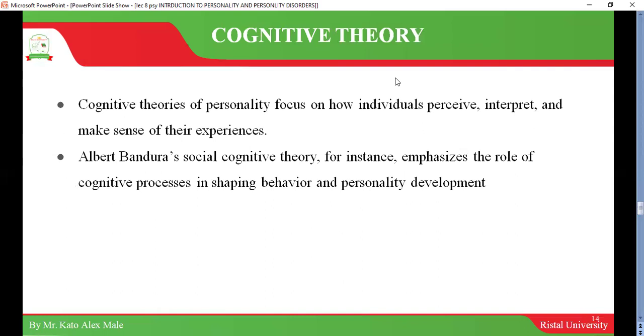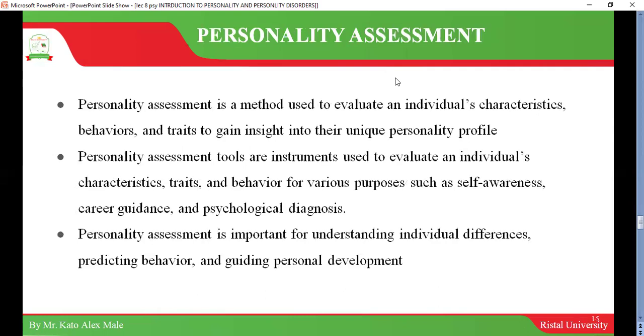This one is self-explanatory because cognition involves thinking, acting, and feeling. How an individual feels and thinks determines a lot on how they are going to act. So Albert Bandura did this and developed the social cognitive theory. Those have been the theories.